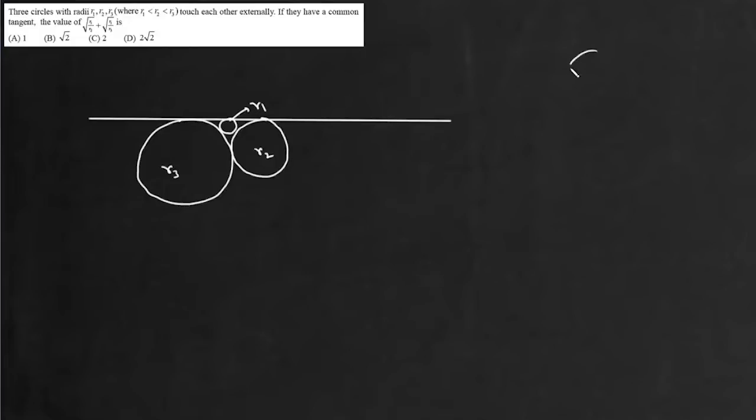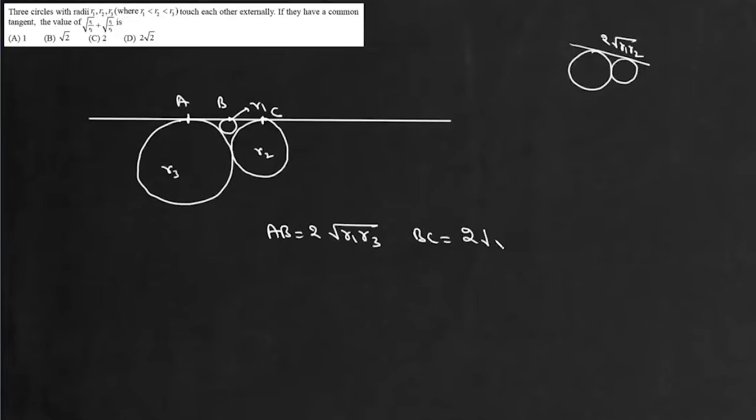Now we know that the length of the direct common tangent between 2 touching circles externally is given by 2 under root R1 R2. So suppose we have these points A, B and C. Now for these 2 circles, we can write AB as 2 under root R1 R3, BC is 2 under root R1 R2 and AC is 2 under root R2 R3.